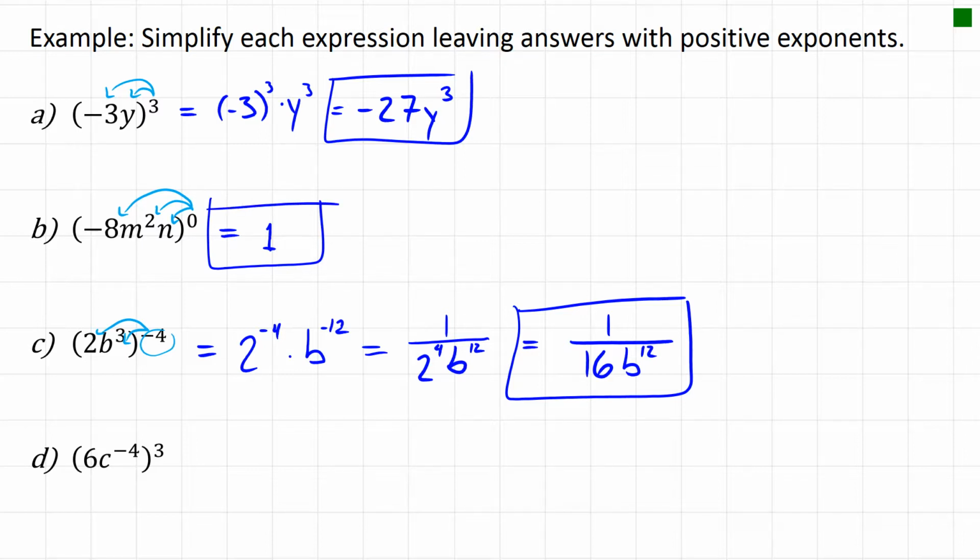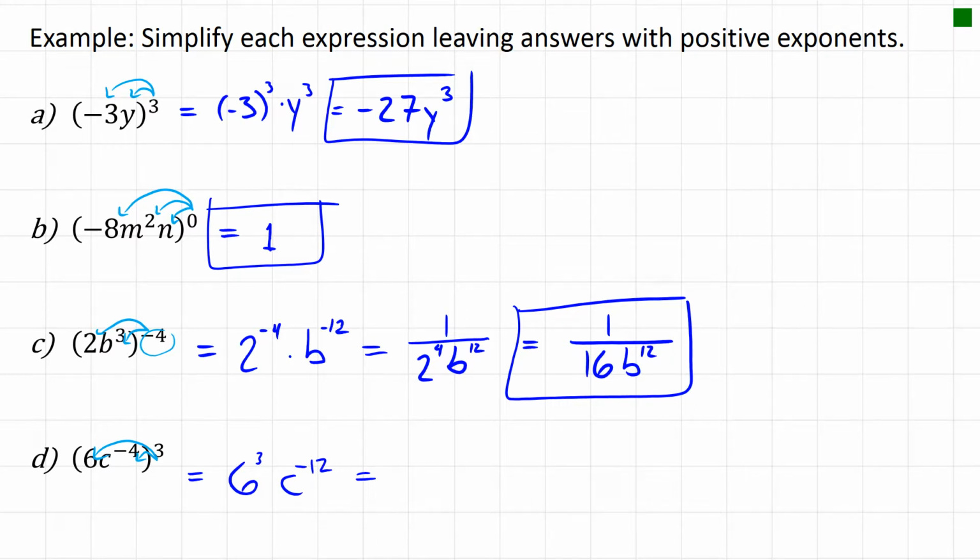Lastly, we have one more where we apply that cube to each part of the product. So we have 6 cubed, and we have c to the -4 cubed, which is c to the negative 4 times 3, negative 12. So I have, again, a negative exponent, but only on the c part.